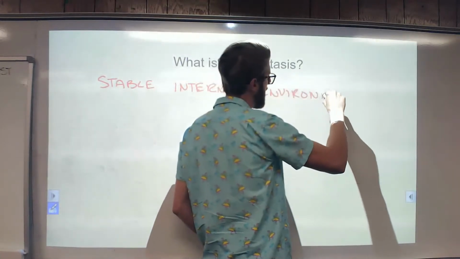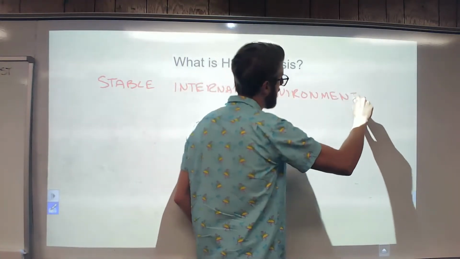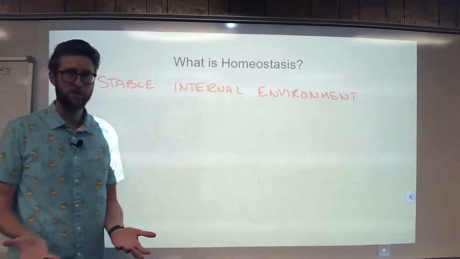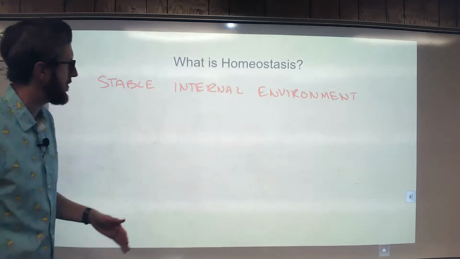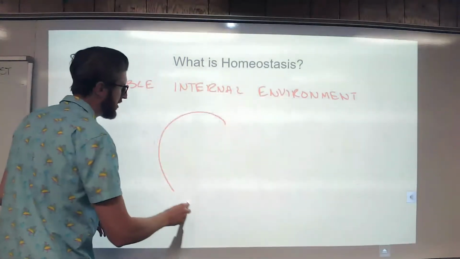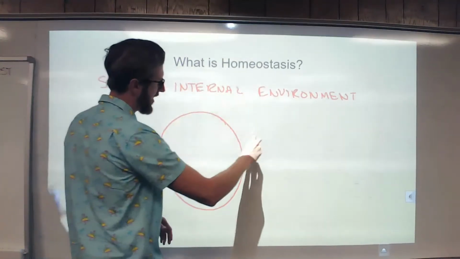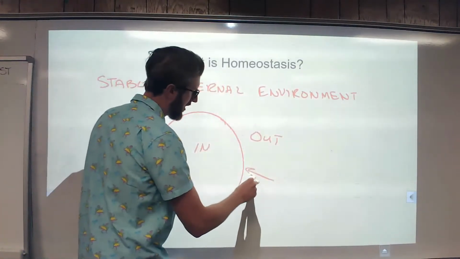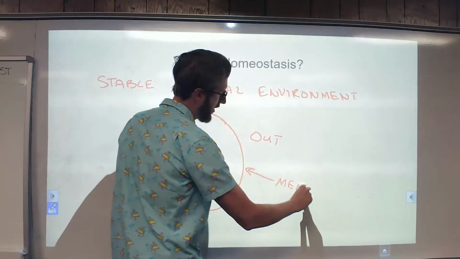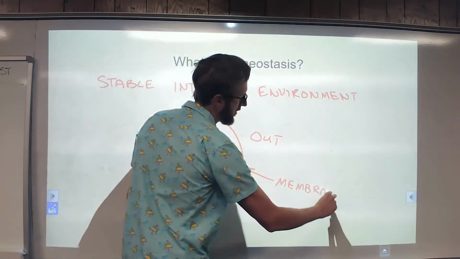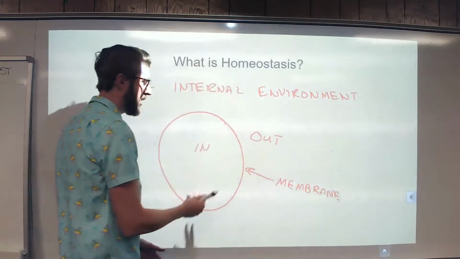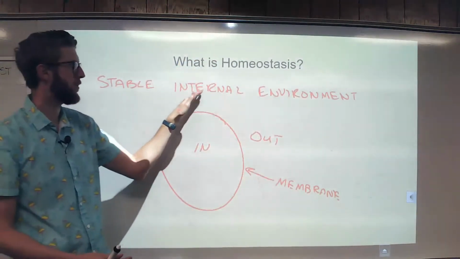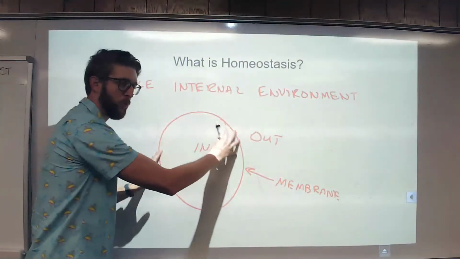And when we say stable, what we mean is it's balanced. Like I said, we have our cell, we have stuff outside of the cell, and we have stuff inside of the cell, and we have this membrane, the cell membrane, which controls what goes in and what comes out. The whole point is to maintain a stable internal environment within the cell.